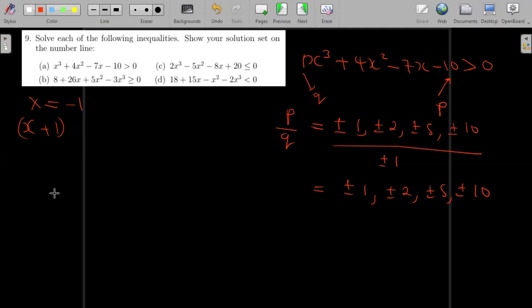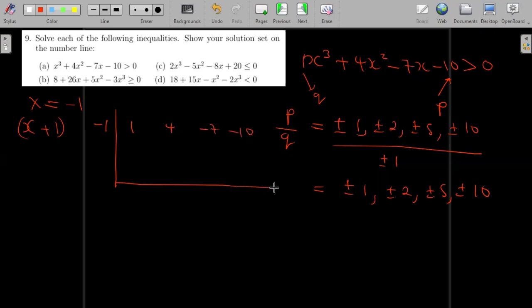So you can use synthetic division from here, where you say -1 here, and I get the coefficients of the polynomial: you have 1, you have 4, you have -7, and you have -10.